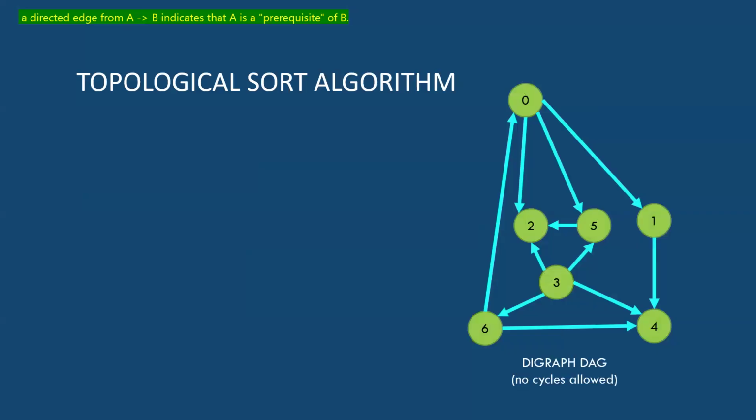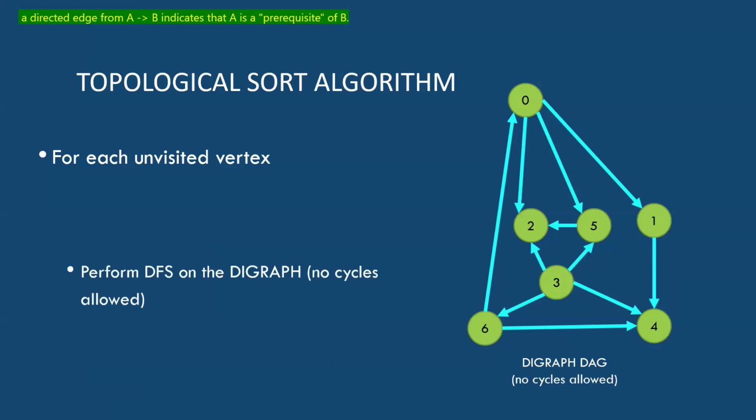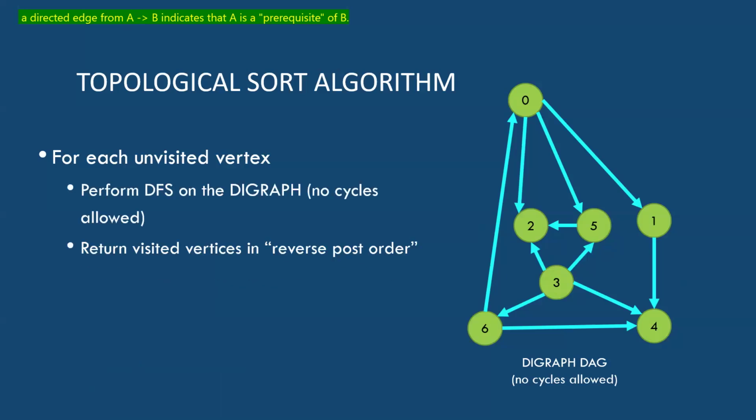Whether it's 5 classes or 5 million vertices, we can use this algorithm. So let's try to track this through on the graph we looked at previously. For each vertex, we'll just start with 0. We have no idea where to start, and it does not matter where we start, so we're just going to follow the vertices in order. We start at 0, do a depth first search on the graph. We know it has no cycles. That is a given. If it has cycles, it's going to break.